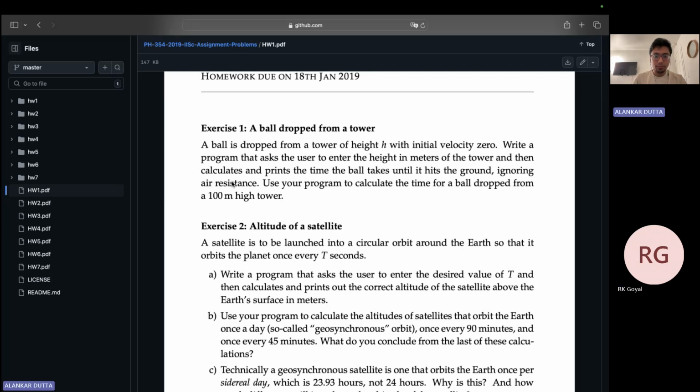I see. Since this is computational physics and we are using Python, this course is not about just introducing Python. This is not an introductory Python course. But I'll try to explain the physics behind each of these questions as best as I can, and along the way, while solving these, there will be enough Python. These are mainly real world problems which we are trying to solve. So I'll give a background while going through each of these questions, and while we are solving them, we will be using Python.